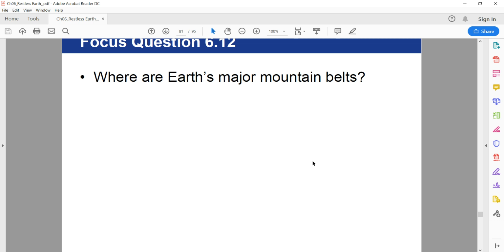It has been a matter of curiosity, a kind of mystery to everyone in the past, how these mountains came into existence. So we will try to answer this question in this session.